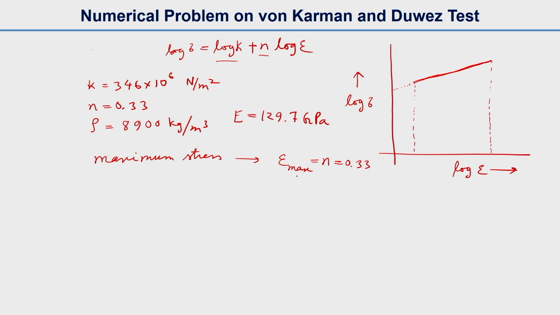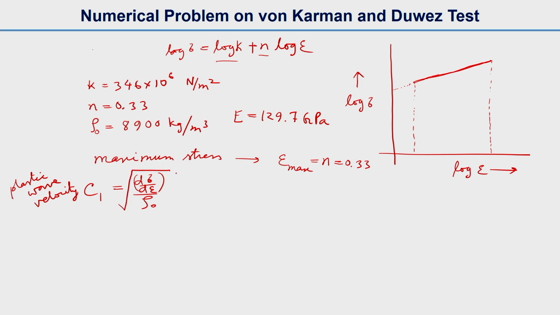C1 is the plastic wave velocity, so we need to find C1 and C0. The plastic wave velocity is the square root of d sigma d epsilon divided by rho naught, where rho naught is the density.